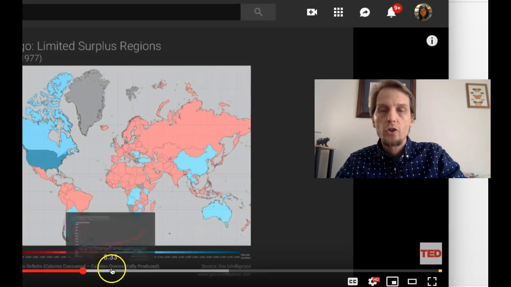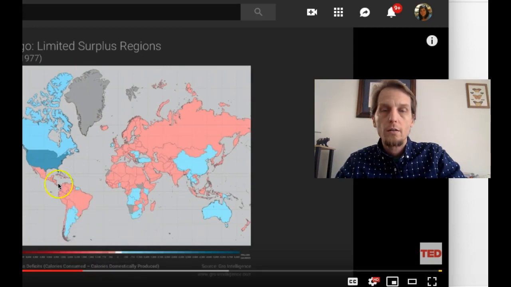And she went on to show how, if you look at these continents, keep an eye right here on this section, and look at Africa.